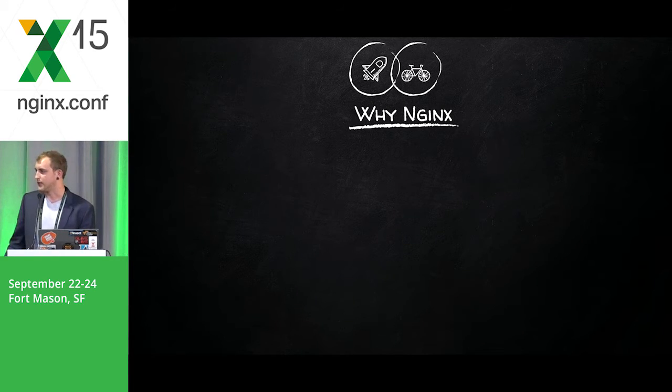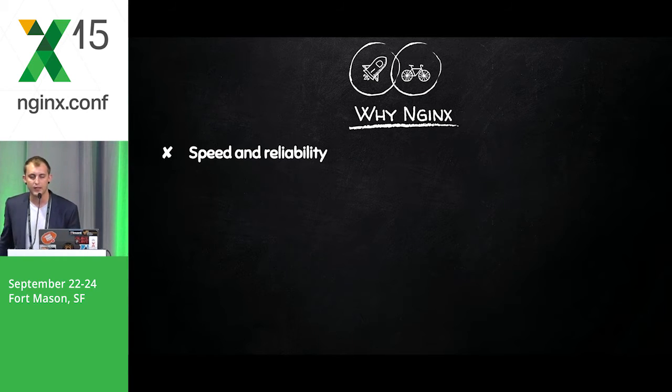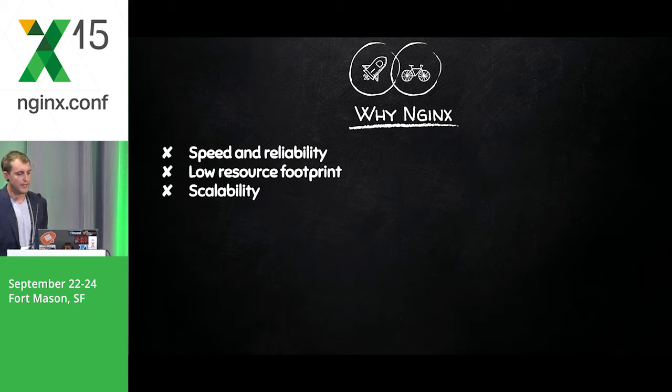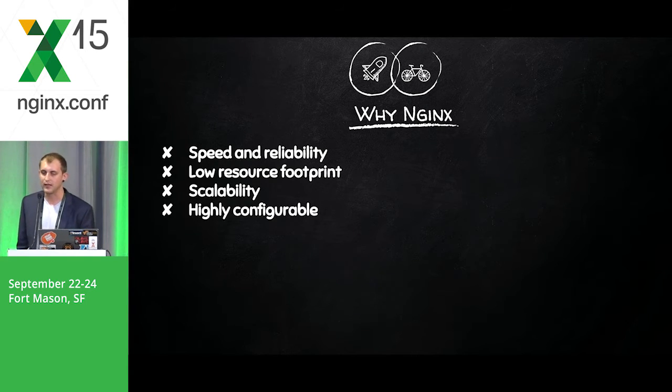So NGINX, like I said, hopefully we don't have to convince any of you, but for me, NGINX is this perfect Venn diagram here. Equal parts rocket ship and bicycle. High speed and low resource footprint. It's scalable and highly configurable.